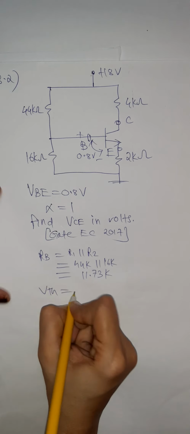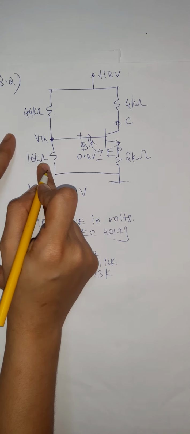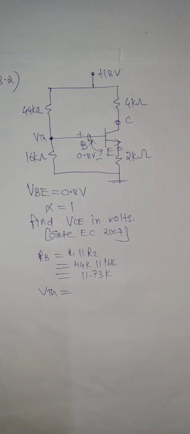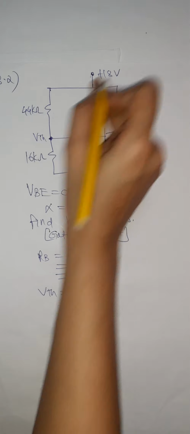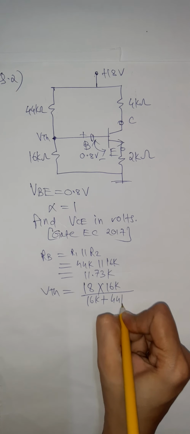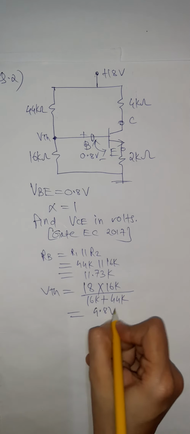And VTH is equal to voltage at this terminal, using voltage divider rule, VTH is equal to 18 into 16k divided by 16k plus 44k. It will be 4.8 volts.